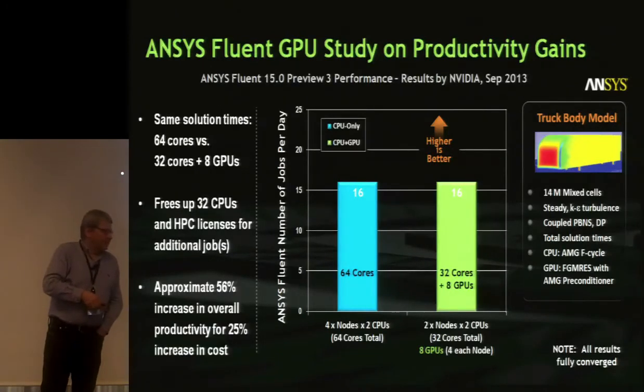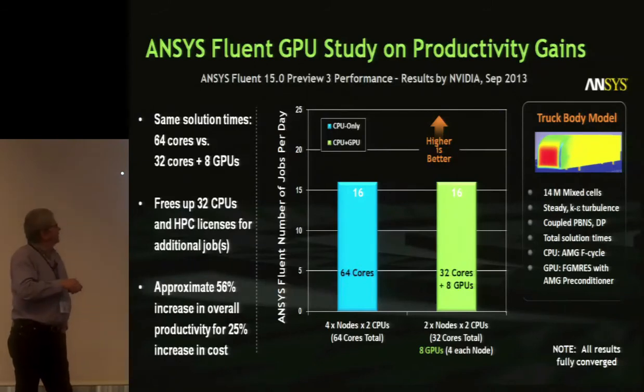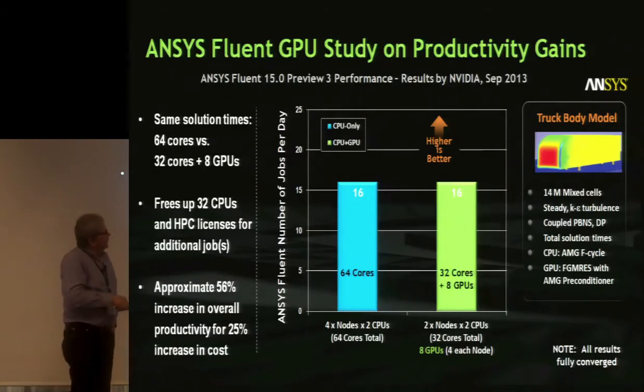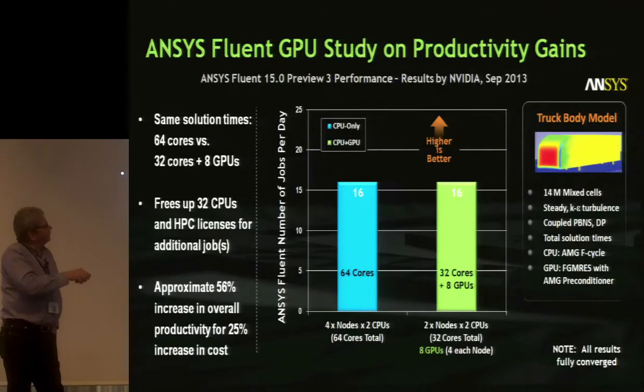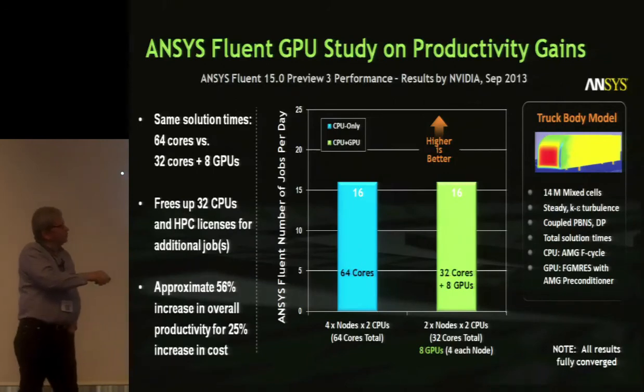Here are some studies on productivity gains, number of jobs per day again. So you have 16 jobs per day on 4 nodes with 2 GPUs each, so a total of 64 cores. And you have also 16 jobs per day, but you only need 2 nodes with dual socket CPU and 4 GPUs in each.